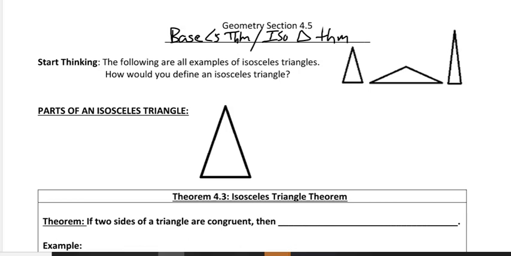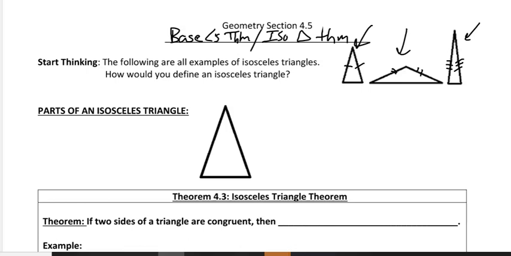Take either one. Okay, so it says the following are all examples of isosceles triangles. How would you define an isosceles triangle? If you're looking at all these things, what do they all have in common? Well, you should notice that that side is congruent to that, those ones are congruent, and these ones are congruent.